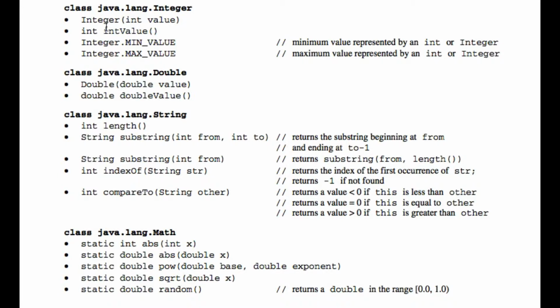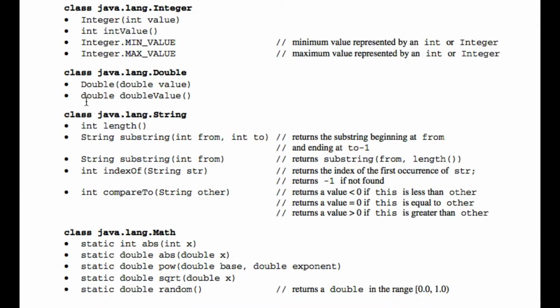It has a method that returns an int called intValue. It just pulls the int value that's stored in the Integer object. And it has a MIN_VALUE and a MAX_VALUE, right? These are the minimum and maximum values that ints or Integer objects can hold in this particular implementation of Java.